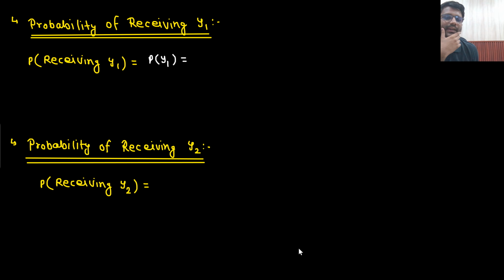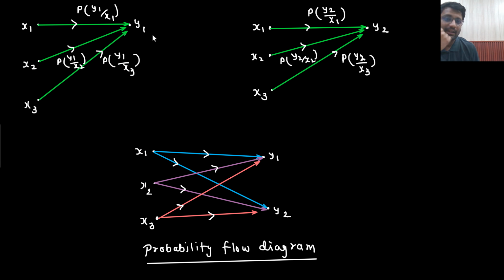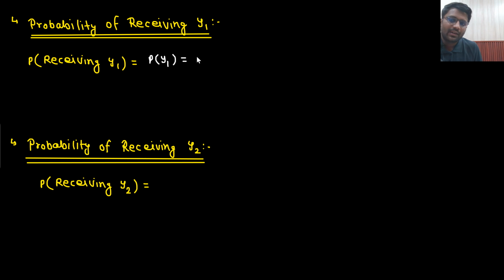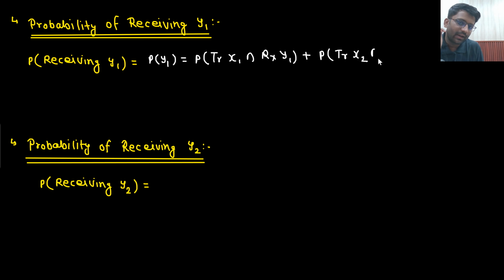What will that probability be? Let me know from where y1 can come. Y1 can come from x1, x2 and x3. So can I write it down in this way? Probability of transmitting x1, Tx meaning transmitting x1, and receiving y1, Rx meaning receiving, or probability of transmitting x2 and receiving y1, or probability of transmitting x3 and receiving y1.